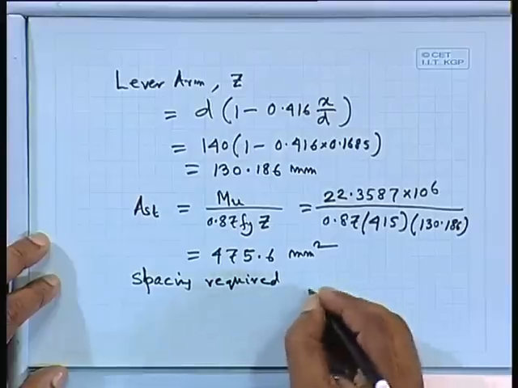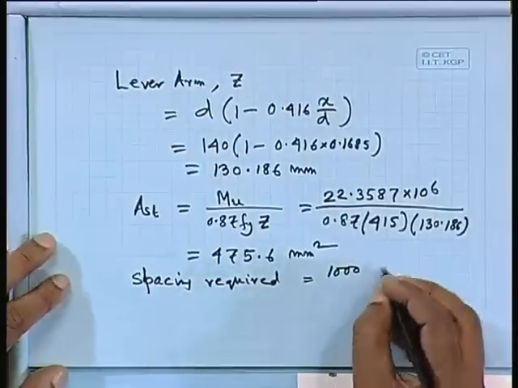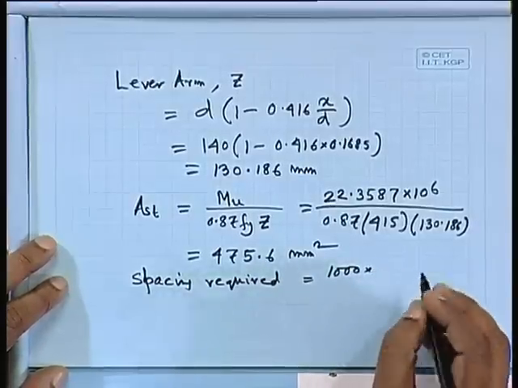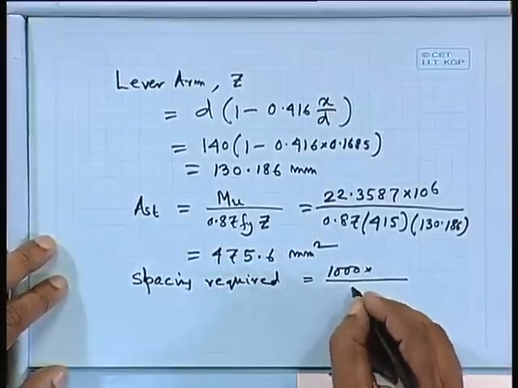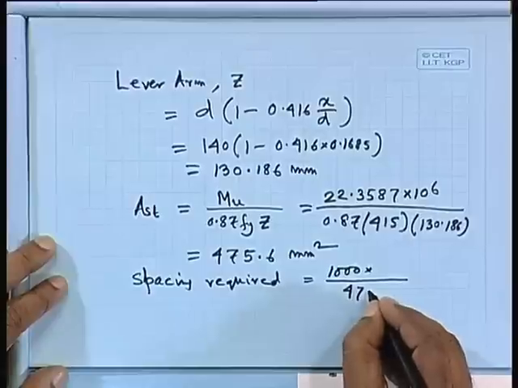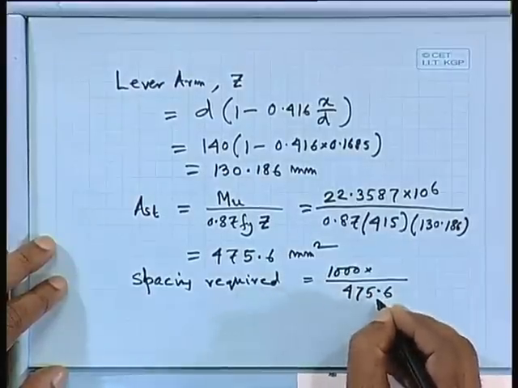So, spacing required is 1000 times, so how many bars do we require? 475.6, that is the area of steel.